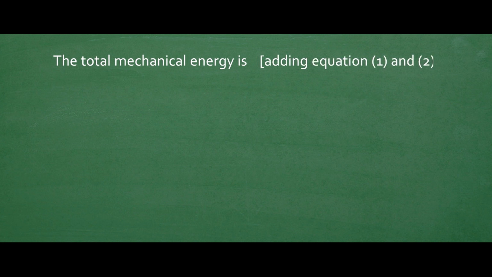Now let's try to calculate the total energy. Here the total mechanical energy is given by the sum of potential energy and kinetic energy. Equations 1 and 2 are ready, which give us potential energy and kinetic energy. So let's substitute these equations and try to find out the total energy.